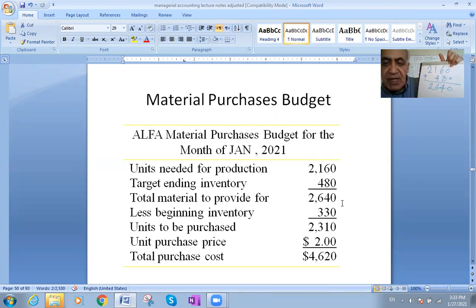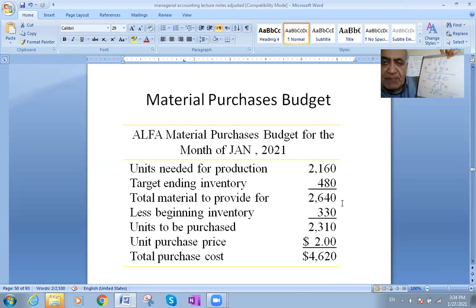But still we have to deduct the beginning inventory, which is 330. This will give me the units to be purchased, 2,310.